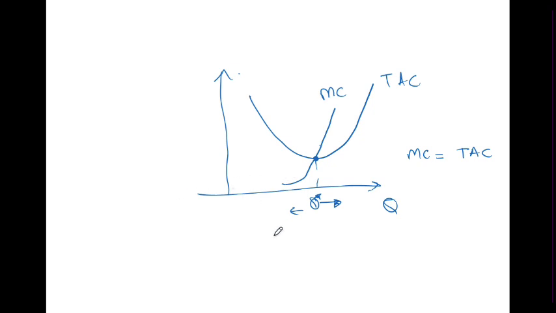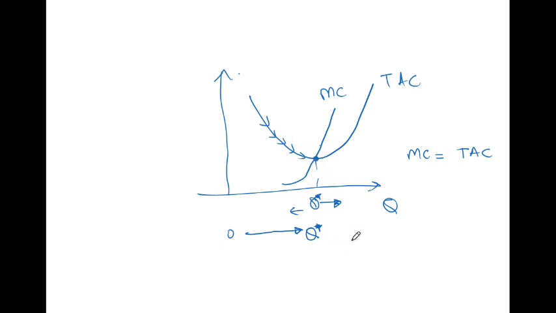So what normally happens is firms start with zero production and they keep on producing. All they're trying to do is reduce their total average costs, and they keep on producing till they come to Q star. And Q star is where the marginal cost is equal to the total average cost curve. Until this point, the marginal cost has been less than the average cost, resulting in average costs falling.